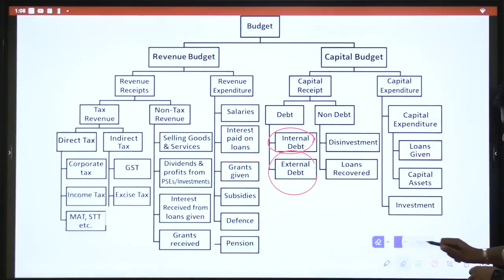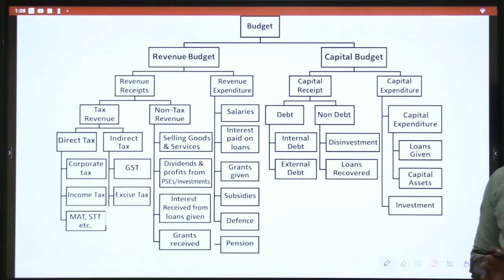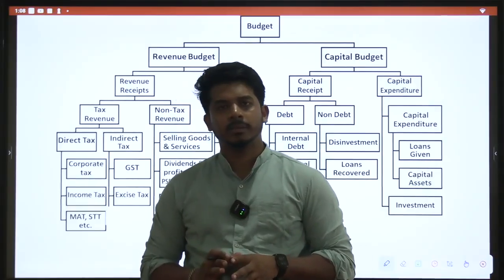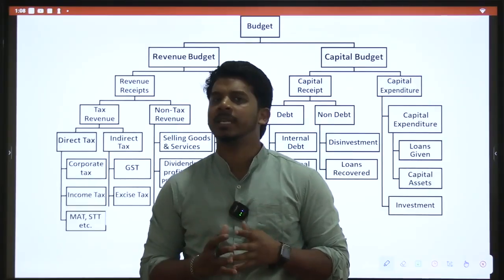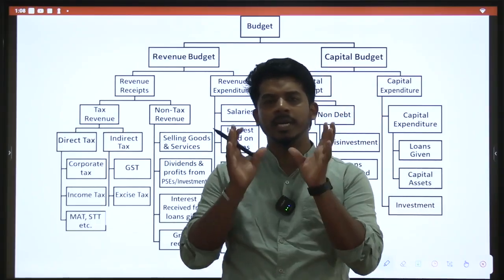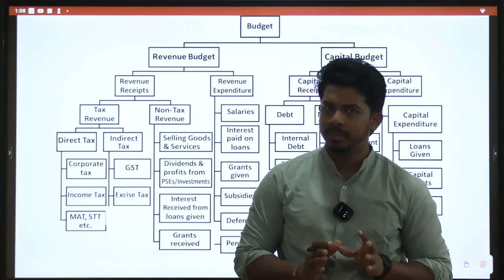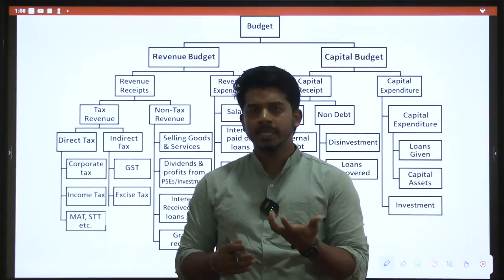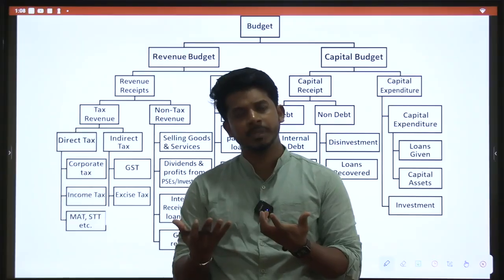Now how to reduce your debt level, that means how to reduce your fiscal deficit. What does reducing fiscal deficit mean? Fiscal deficit means the difference between my expenditures and my revenue, my receipts.